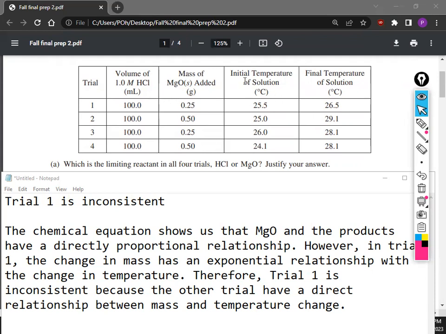Each trial, the HCl is only going to contribute the same amount. It's held constant. Yeah, you would have to take the 2 into account if the HCl was changing, but luckily it's not changing here, so it's held constant, so we can ignore it.